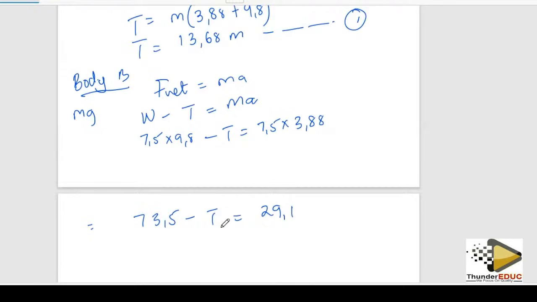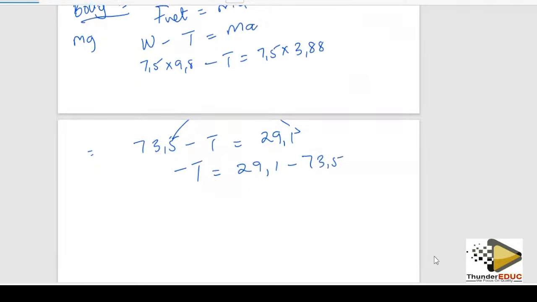Okay. I can move the 73,5 to that side. I transpose it. So negative T is going to be the same as 29,1 minus 73,5. When I get 29,1 minus 73,5, I'm getting negative 44,4. Divide both sides by negative, which means our tension is 44,4.